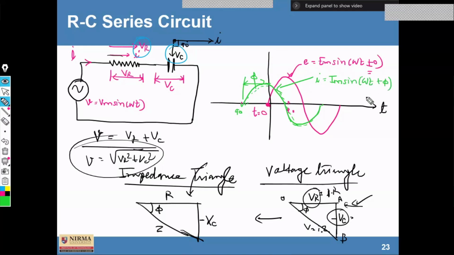In the case of an inductive circuit, it was minus phi. Here it is plus phi. Why is it plus phi? Because we have seen that the current is in a leading position in a capacitive circuit, I is leading by 90 degree, and in a resistive circuit, I is in phase with the applied voltage.